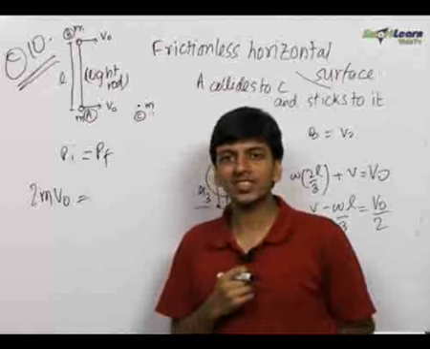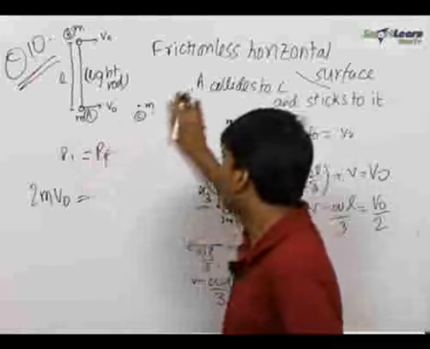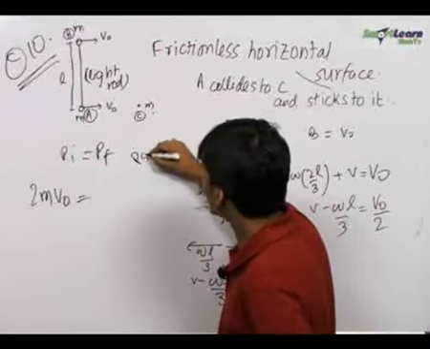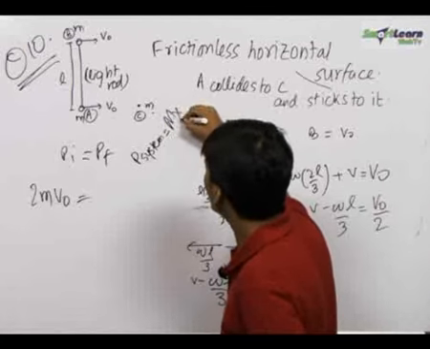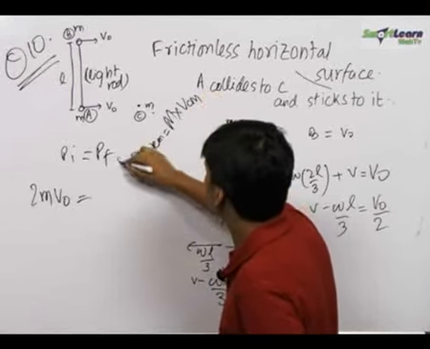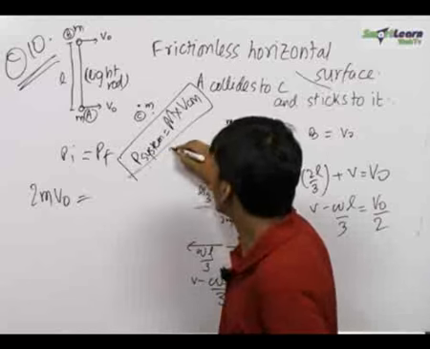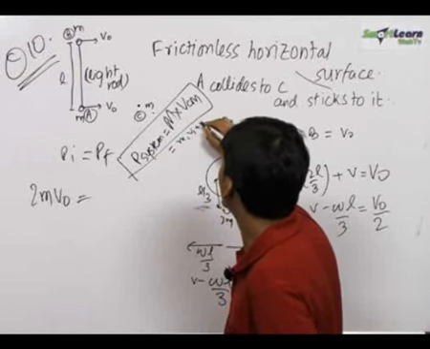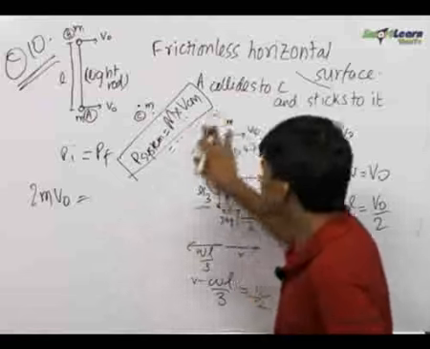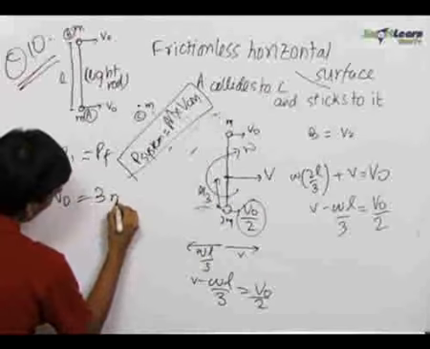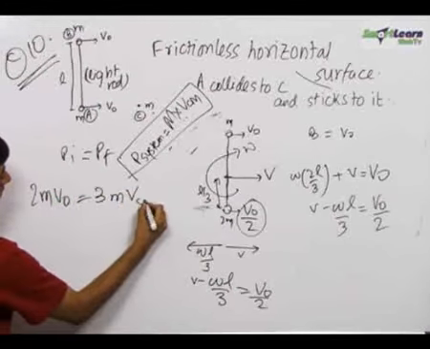Now the momentum of a system can always be written as the total mass of the system into the velocity of the center of mass. This is equal to m1 v1 plus m2 v2. We generally use this formula and forget the other one. So this can be written as 3m into vcm.